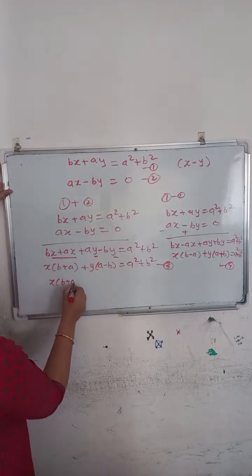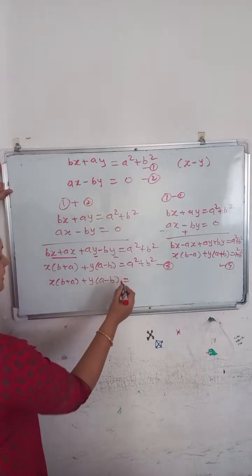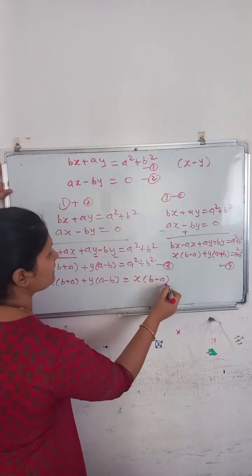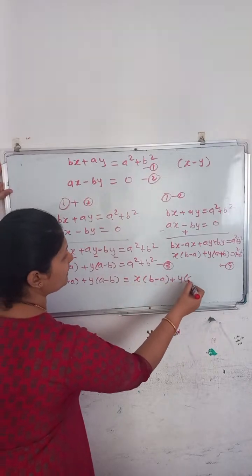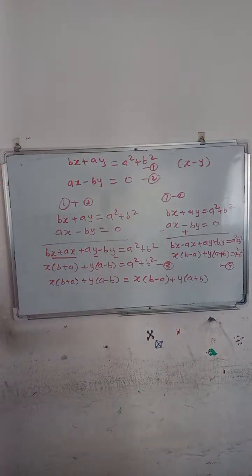x(b plus a) plus y(a minus b) is equal to x(b minus a) plus y(a plus b).